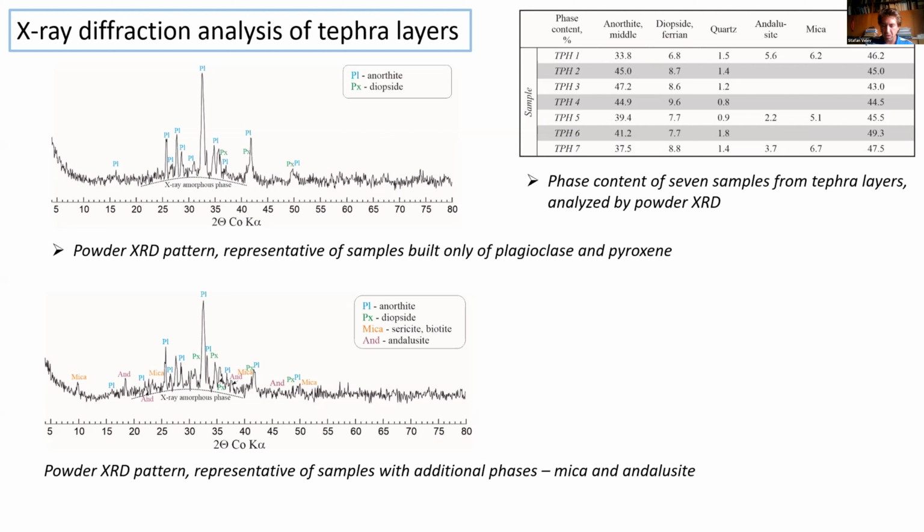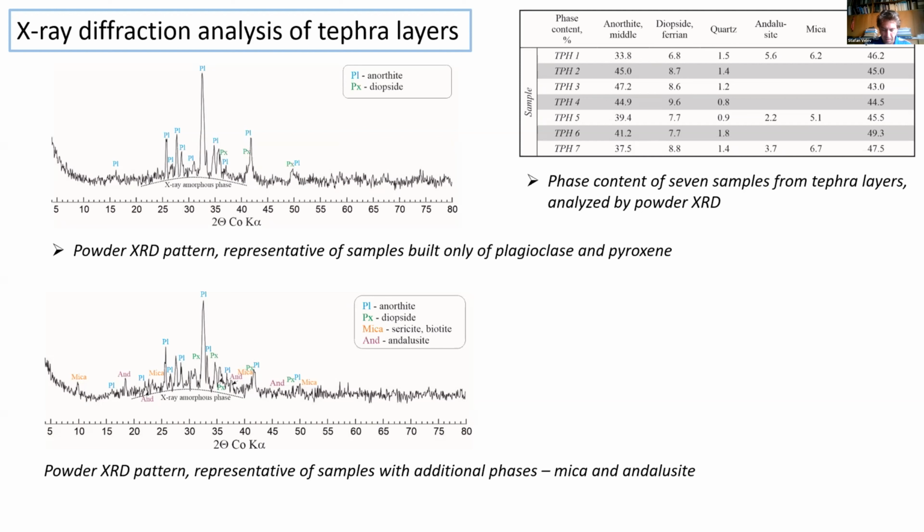The phase composition corresponds with basalts and basaltic andesite from the published data on chemical content of the tephra levels by Pala et al. In 3 of the levels, andalusite was discovered at about 2 and 6%, and mica at about 5 and 7%. Due to the low mica content in the samples, it is difficult to determine the actual type of the mica minerals. Probably it is sericitic type or biotite.